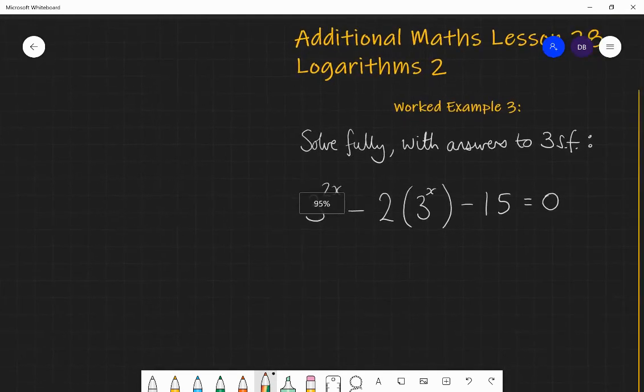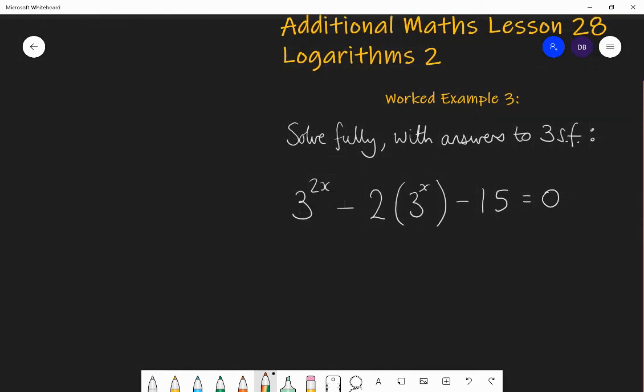Okay, the third of 4 different types of equations. Solve fully, with answers to 3 significant figures, the equation 3 to the 2x minus 2 lots of 3 to the x minus 15 is equal to 0. When you've been doing maths as long as I have, as soon as you see something like this, you think quadratic.